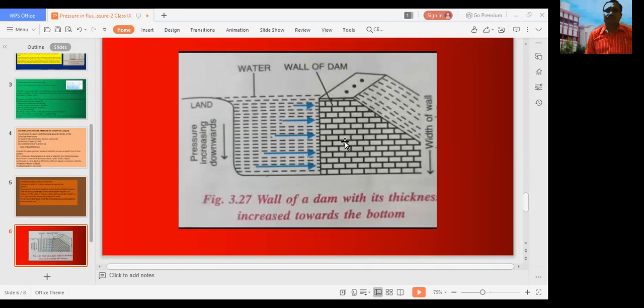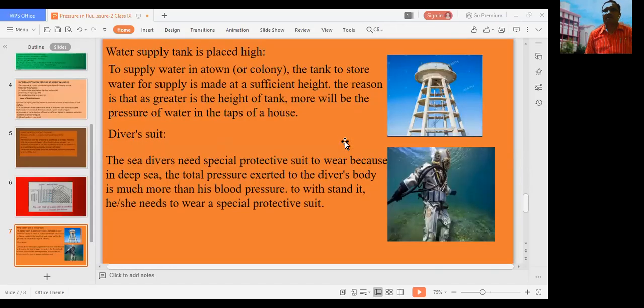Next, another consequence of liquid pressure: the water supply tank is placed high. You can see the water tanks constructed in certain areas. Water is first filled in a tank nearby, then lifted through motors to the elevated tank.